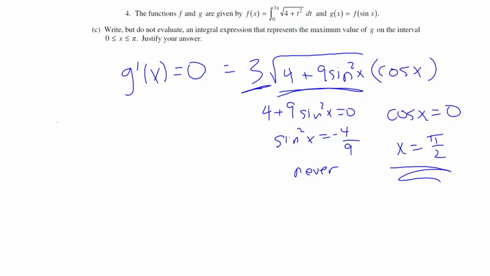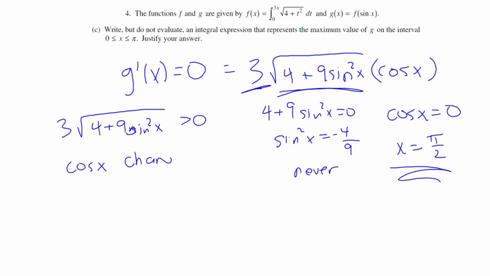So 3 root 4 plus 9 sine squared x is always greater than 0. And we'll say that cosine x changes from positive to negative at pi over 2.